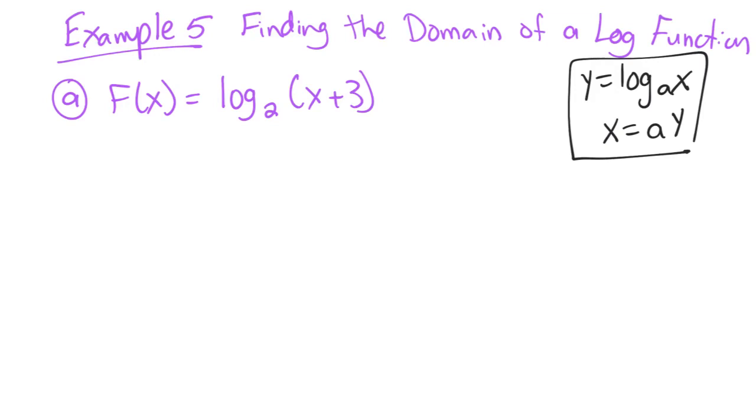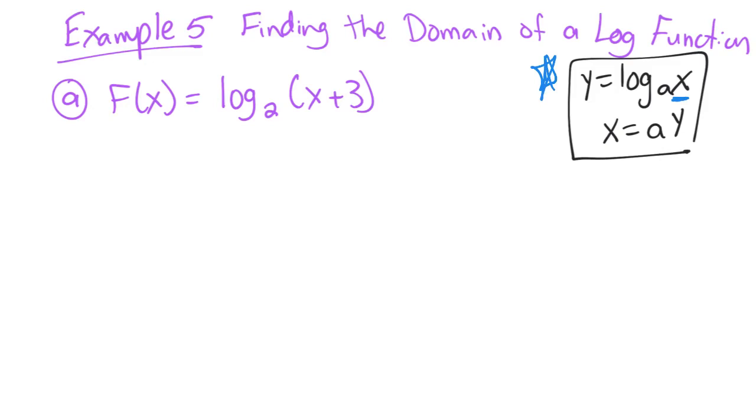Example 5 has us finding the domain of a log function. In our first example, we have f of x equals log base 2 of x plus 3. When we're finding the domain of these log functions, all we pay attention to is whatever that argument is, because it has to be greater than 0.